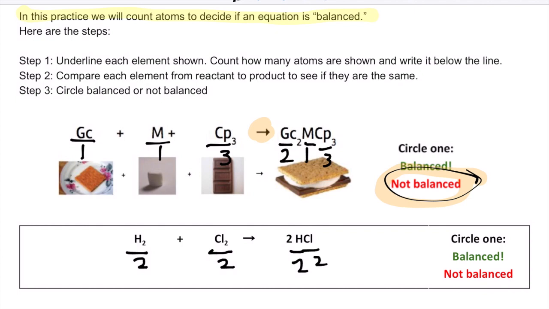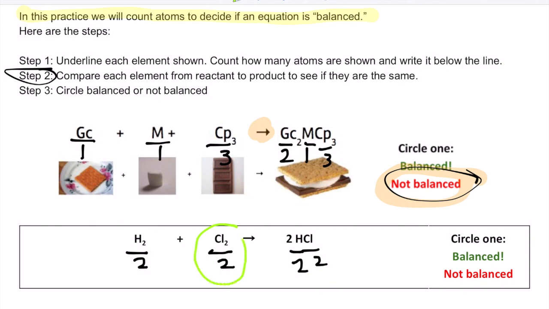Now, step 2. Compare each element from reactant to product to see if they are the same. So here's where I'm going to jump across. I'm just going to draw so you can see what I'm looking at. On this side, there's 2 H's, and when I go across to the other side of the arrow, there are 2 H's here. It's a little bit different arrangement, but there are 2 H's.